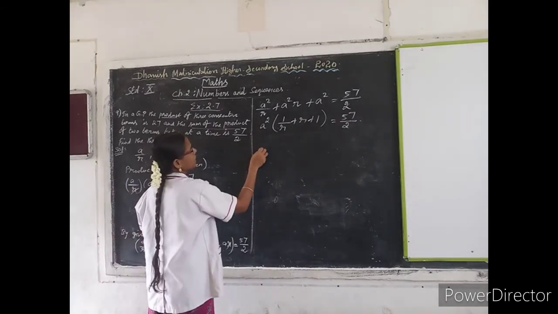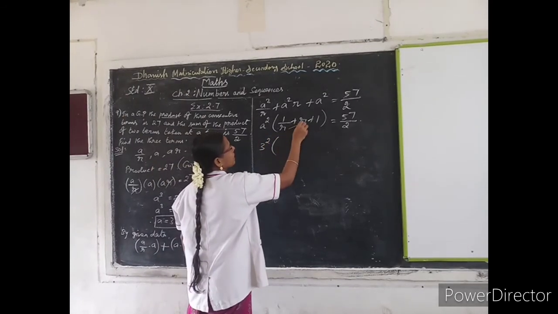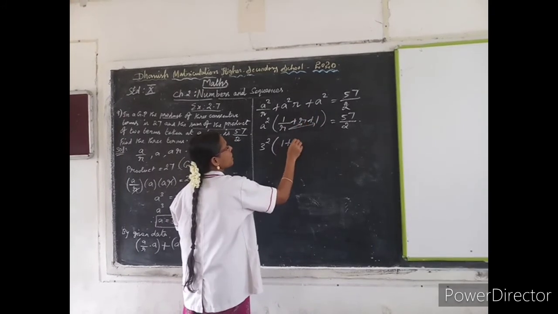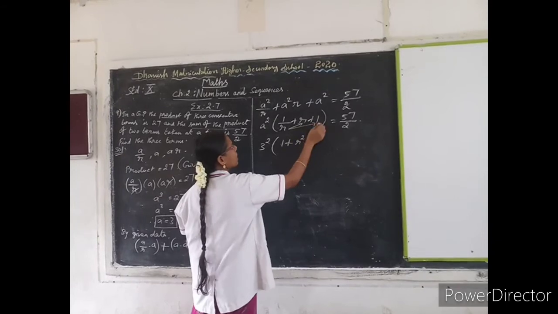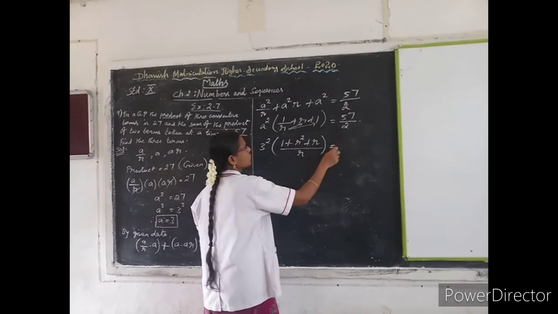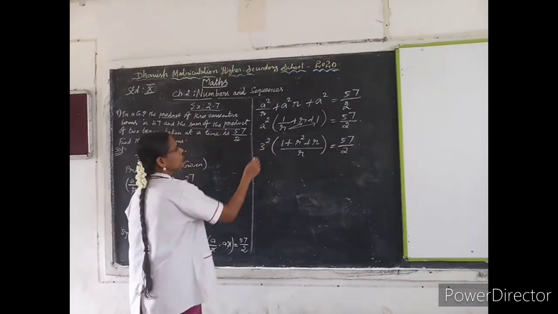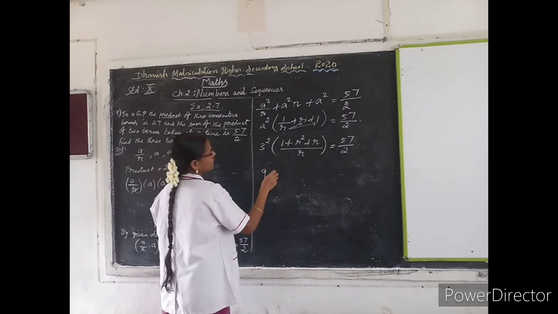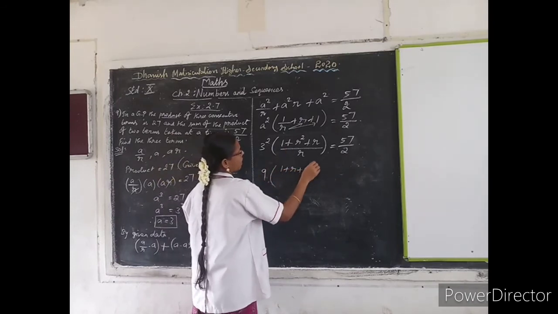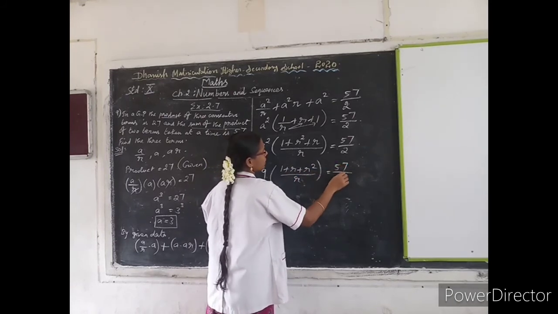So a square is 3 square, into, taking the LCM, (1 plus r plus r square) divided by r, is equal to 57/2. 3 square is 9, into (1 plus r plus r square) whole divided by r, is equal to 57/2.